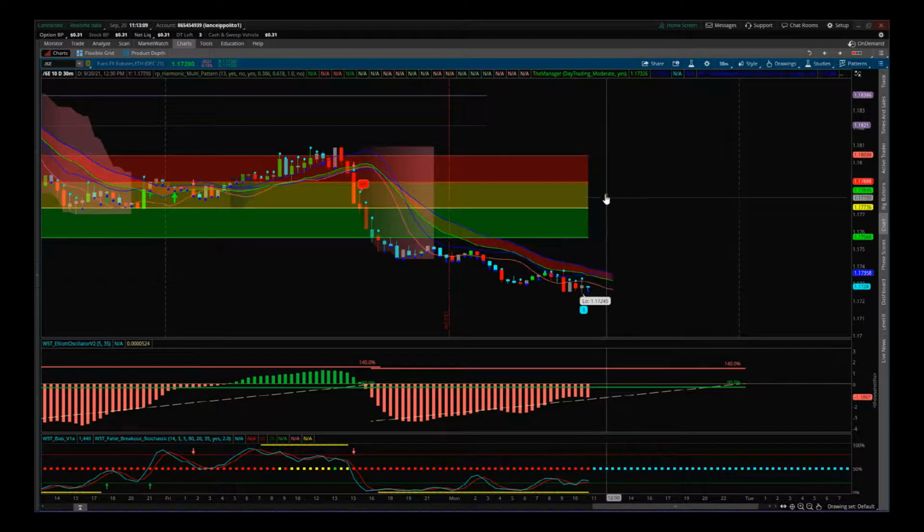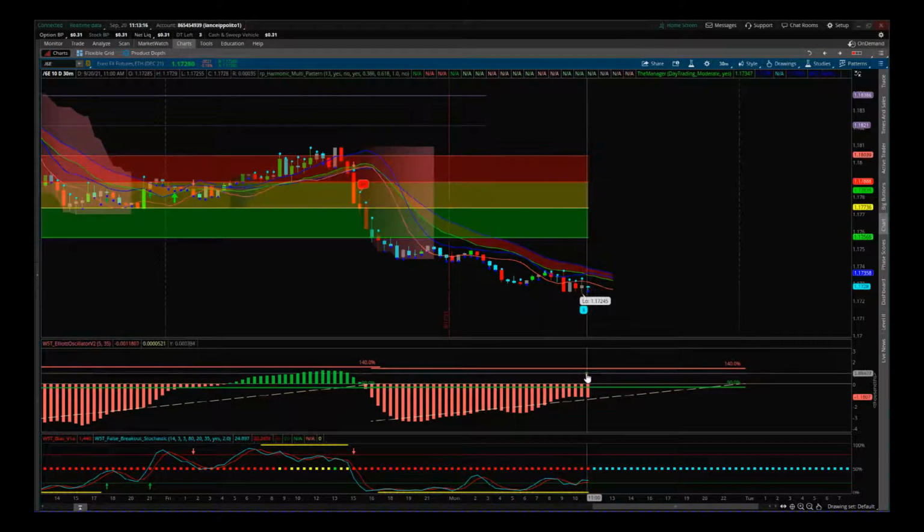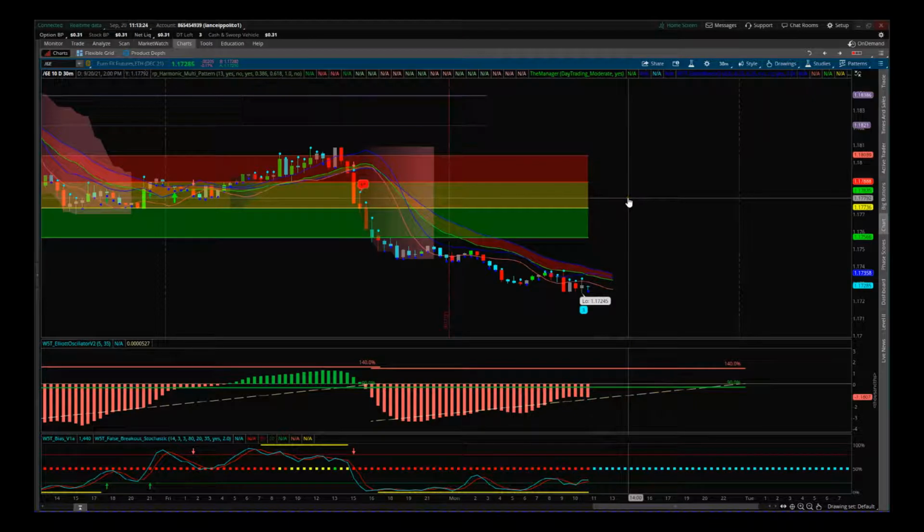Allow the wave 4 to happen, let it find resistance, whichever zone we're in, the green, amber or red. Make sure we've got the Elliott Wave Oscillator between 90 and 140. The stochastics pull back. Once it starts to move back down again, use the same entry method that I just mentioned, because we can keep trading that trend. So hopefully this helps.